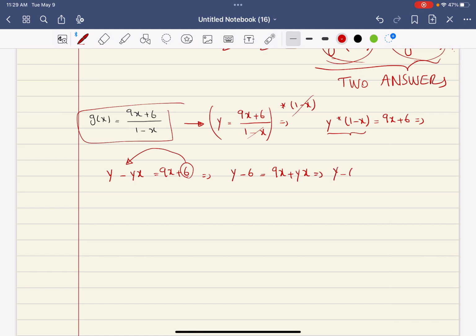So it would be y minus 6 equals x times 9 plus y, right? Then it means that the x is equal to y minus 6 over 9 plus y. So the inverse of g at x would be equal to x minus 6 over 9 plus x.